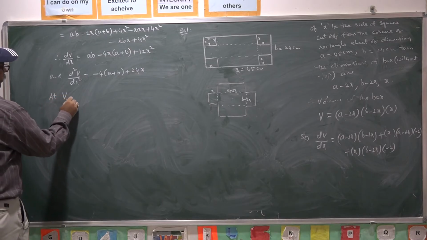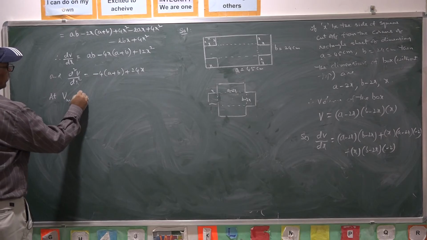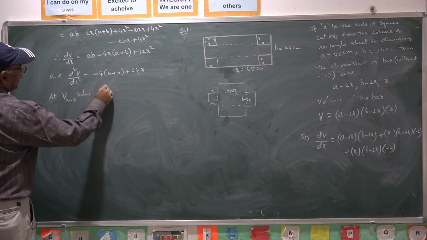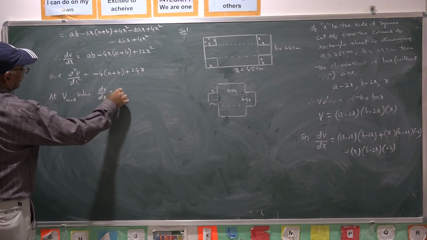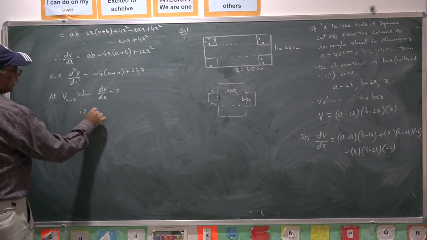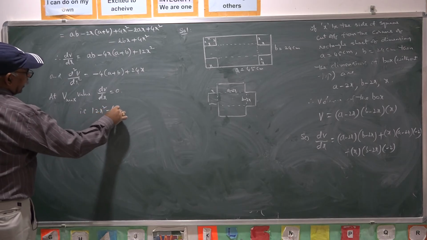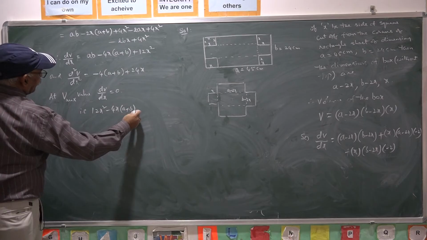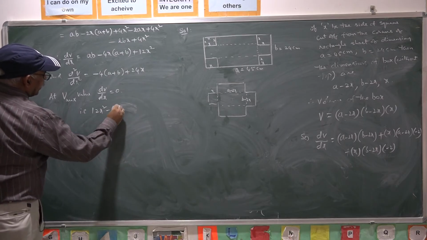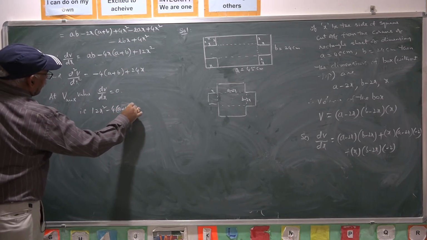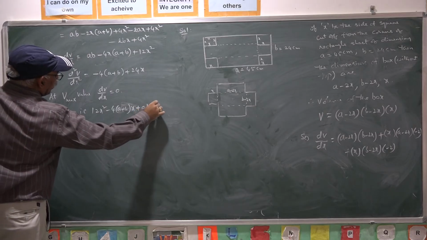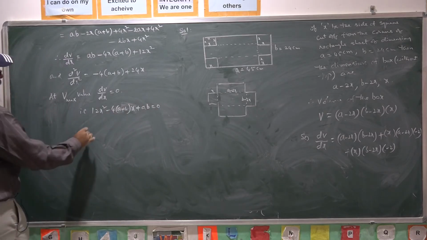At the maximum value of V, dV by dx is 0. That is 12x square minus 4x into (a plus b), otherwise 4 into (a plus b)x, plus ab is 0, a quadratic in x.